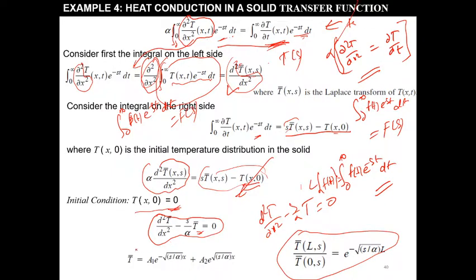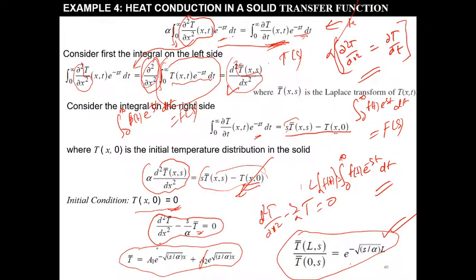The solution of such type of differential equation is given like this: A1 e to the power minus root under s by alpha x, plus A2 e to the power plus root under s by alpha x. Try to find out the values of A1 and A2. We know the initial condition, just put this value and you will see the transfer function of such type of problem will come as e to the power minus root under s by alpha x, because the other term will become 0.